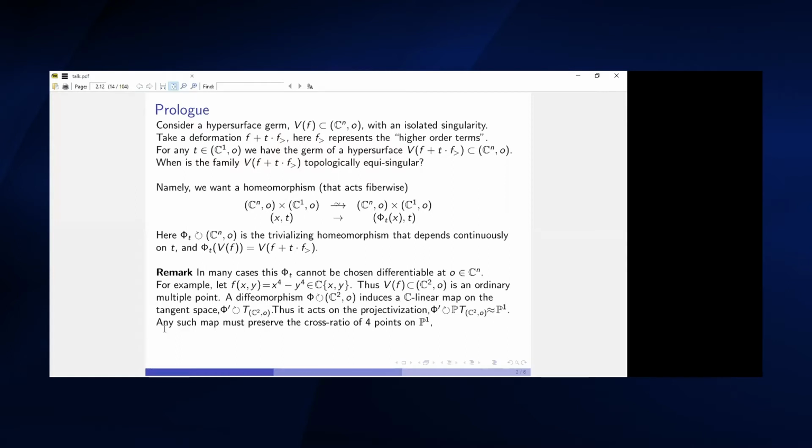But any such map must preserve the cross ratio of 4 points on P1, which means the cross ratio of the tangents to the branches of this curve singularity. And therefore, if we perturb the initial f by some generic homogeneous polynomial of degree 4, then the family is not differentiably trivializable. Of course, it is continuously trivializable, even Lipschitz trivializable, but not differentiable.